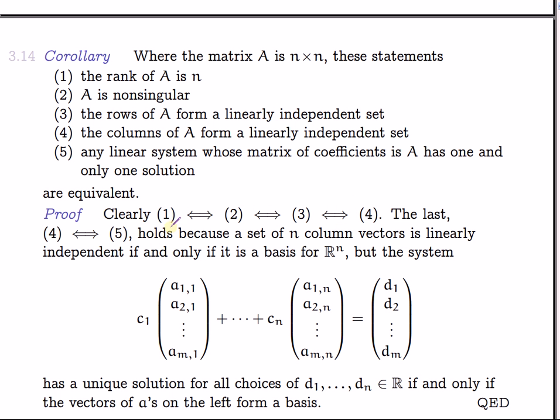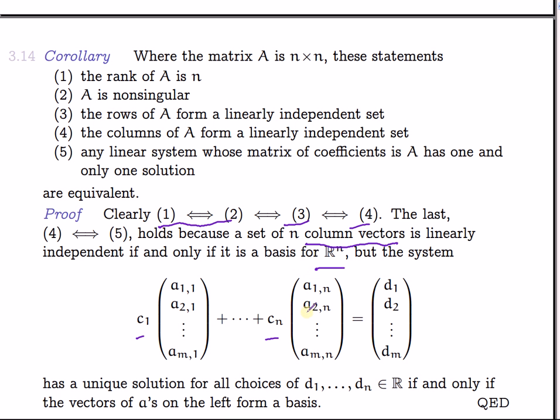All right. So we've talked through these equivalences. 1 is the same as 2, is the same as 3, is the same as 4. The last statement holds because a set of n column vectors is linearly independent if and only if it's a basis for Rn. But the system that is the linear combination of columns equal to an arbitrary vector has a unique solution if and only if the vectors on the left-hand side of this equation form a basis.